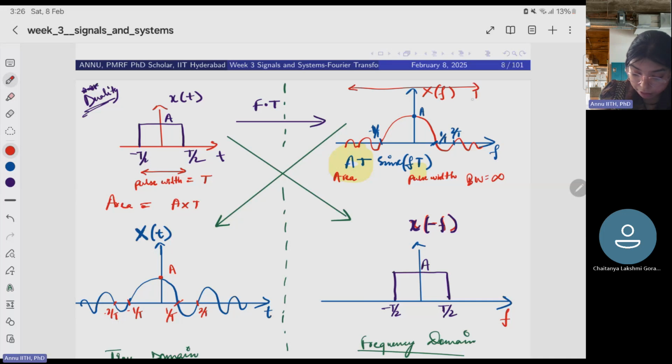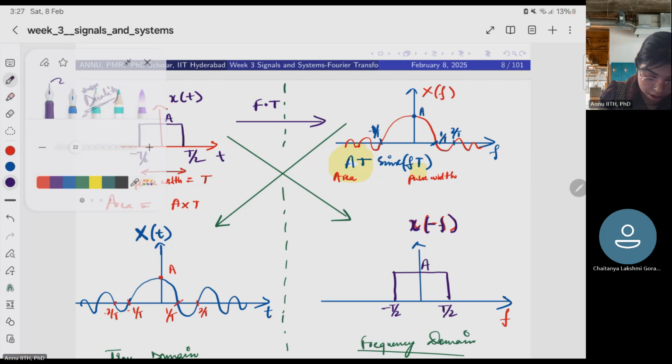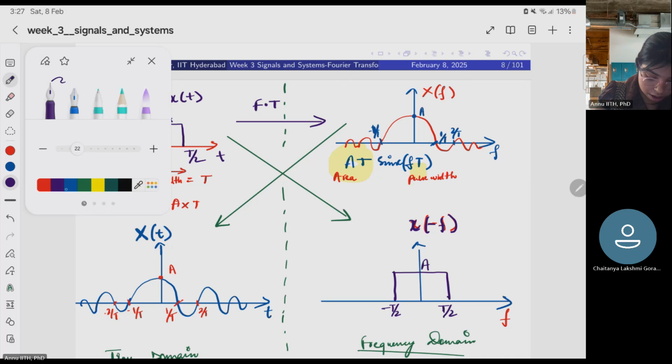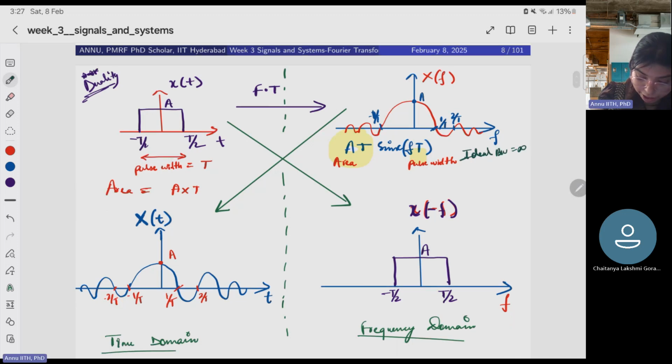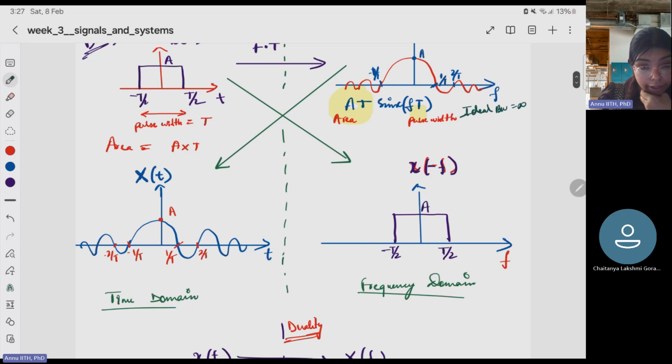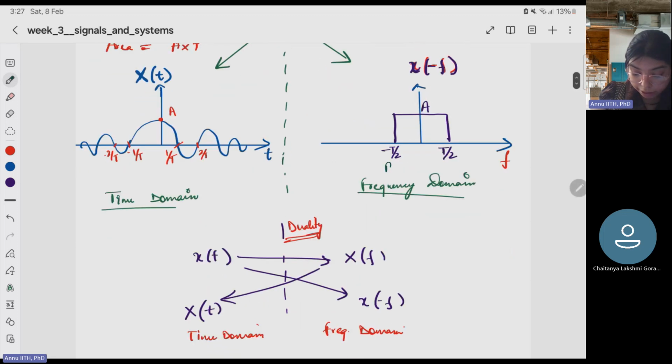Ideal bandwidth is infinity. But whenever we transmit it through a sinc function, then the proper bandwidth is fixed, it is not infinity.